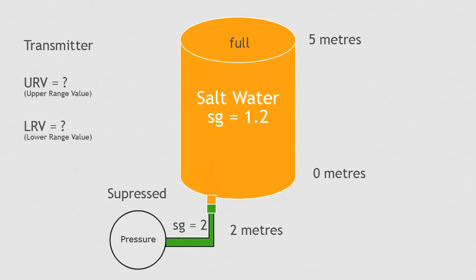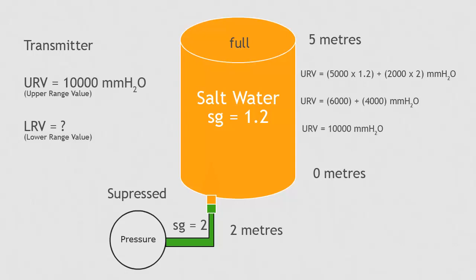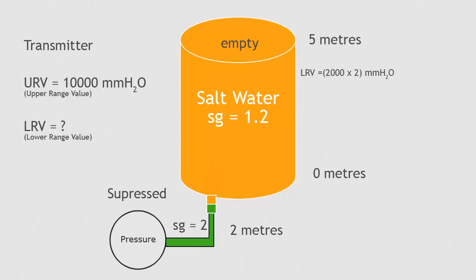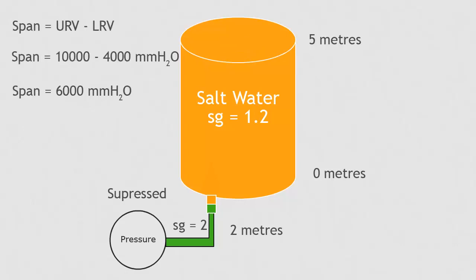A full tank will have a pressure of 5 meters multiplied by a specific gravity of 1.2, plus the capillary of 2 meters multiplied by a specific gravity of 2. 6,000 plus 4,000 millimeters of water gives us an upper range value of 10,000 millimeters of water. An empty tank will have just the capillary tube, so the lower range value is 4,000 millimeters of water. The range of measurement is 4,000 millimeters of water to 10,000 millimeters of water.